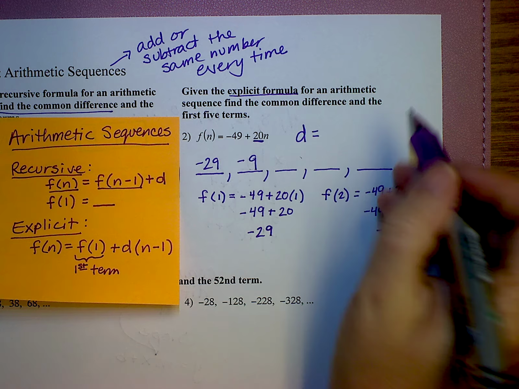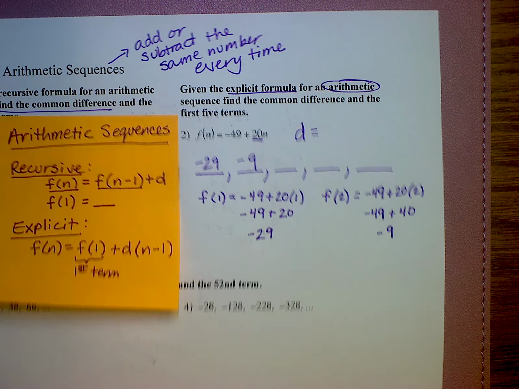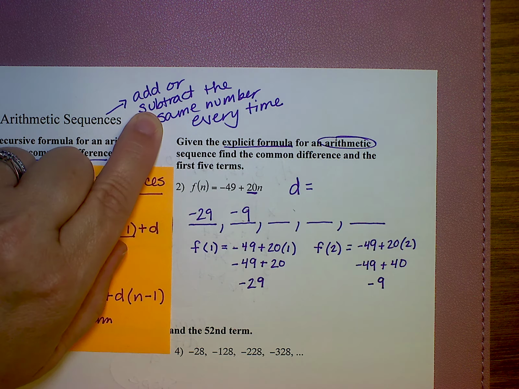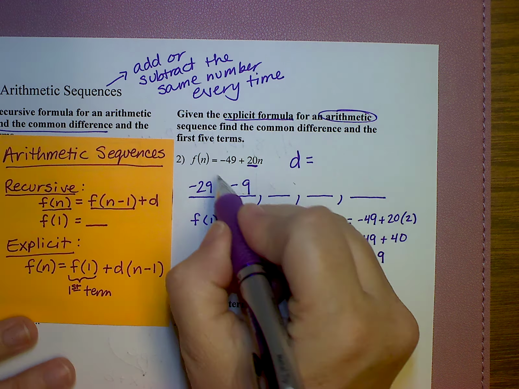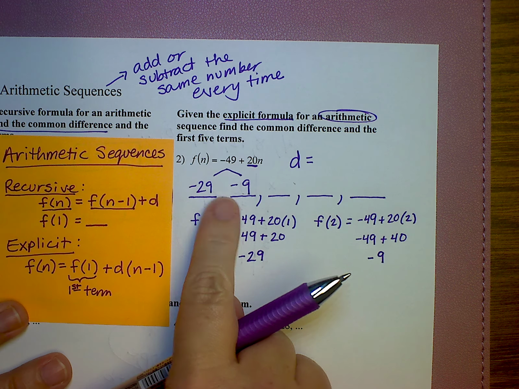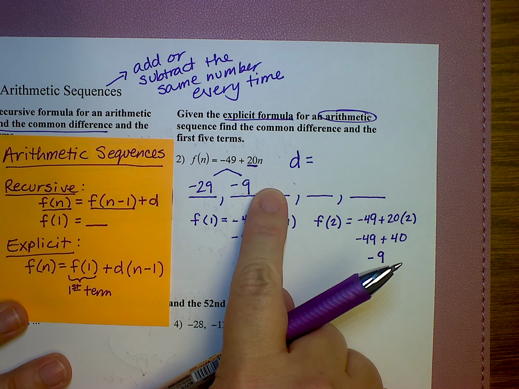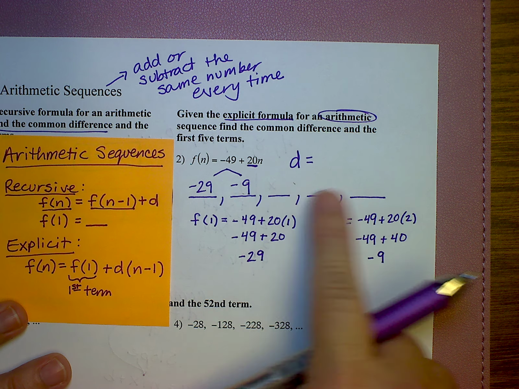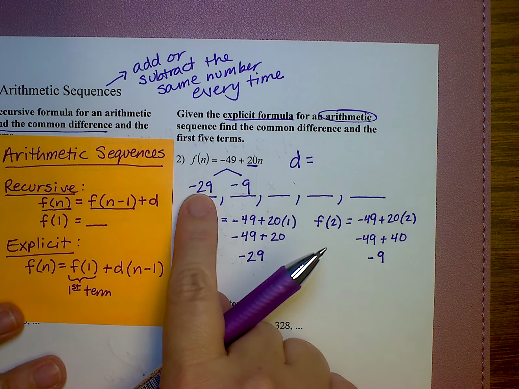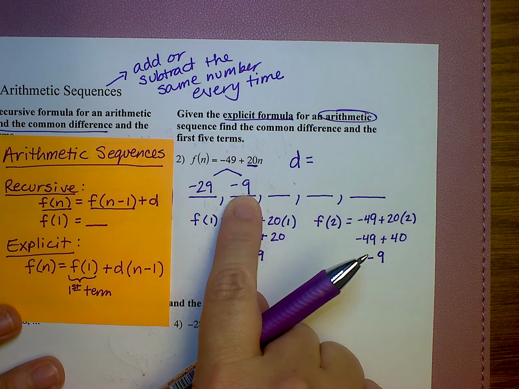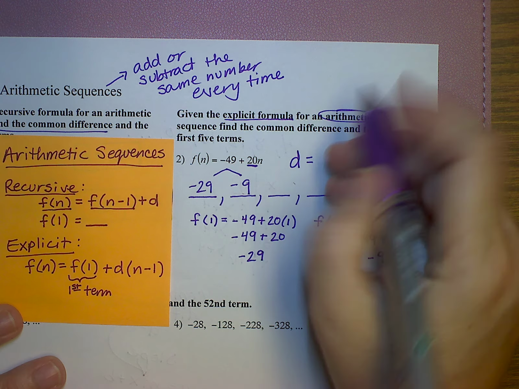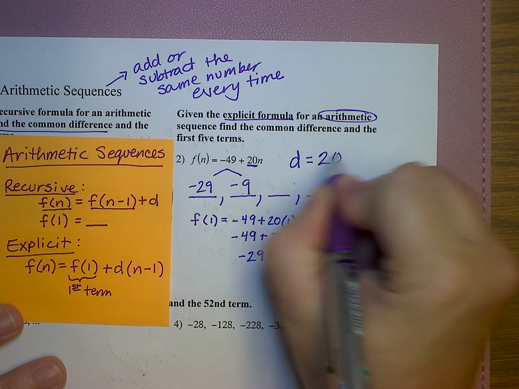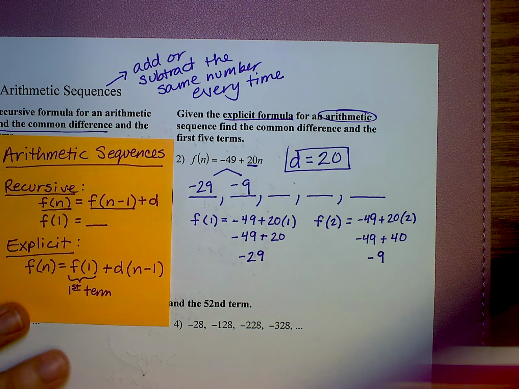And remember, they're telling me it's arithmetic, so I know that they are adding or subtracting the same number every time, which means that whatever they added here is also going to be what they add here and here and here. So what did they add to get from negative 29 to negative 9? 20. So I was right. D does equal 20. And how do I find the remaining values?